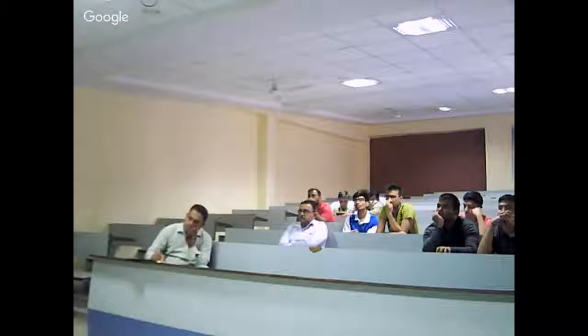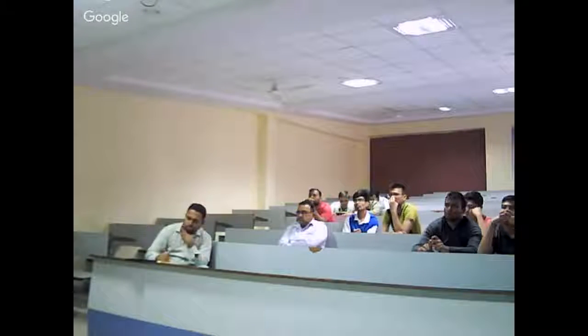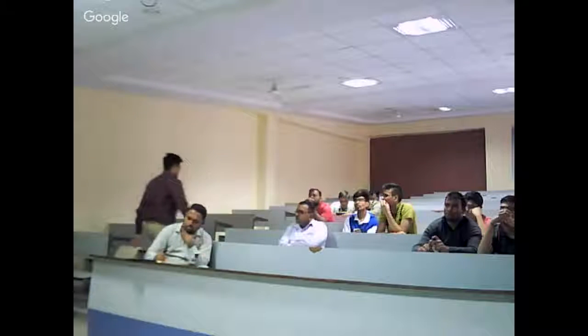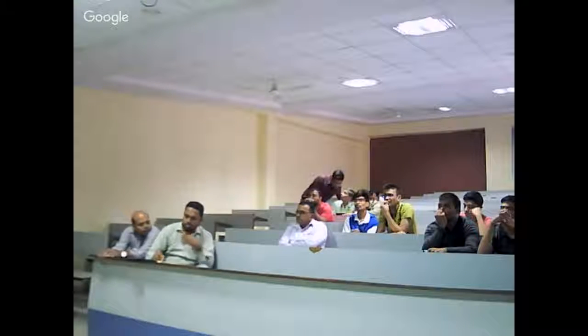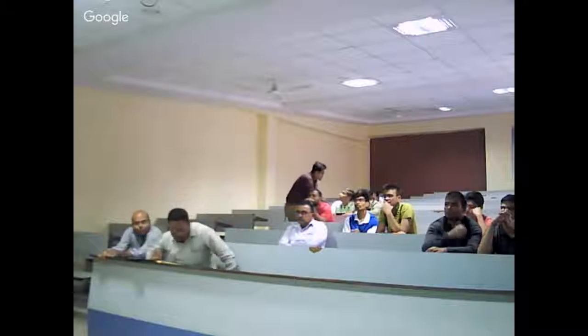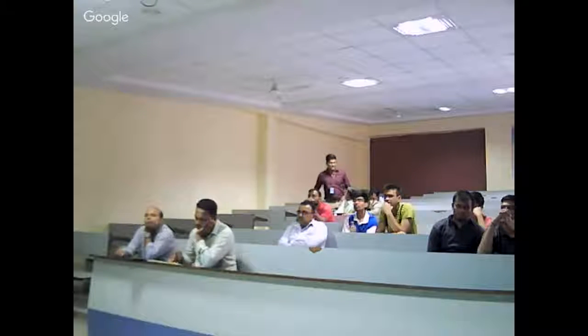Not only the distance but also the orientation: what should be the angle between the x of the tool frame and x of the base frame, y of the tool frame and y of the base frame, z of the tool frame and z of the base frame. So when we are given these two things, the distance and the orientation, the controller has to calculate by how many degrees it should move the individual joints so that the tool is at the desired position and in the desired orientation. That is called inverse kinematics.